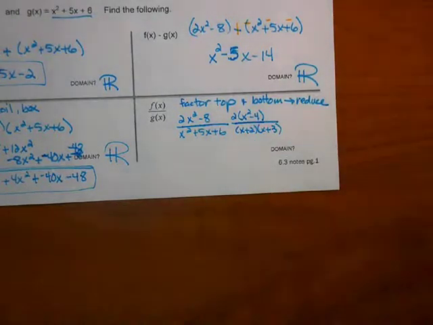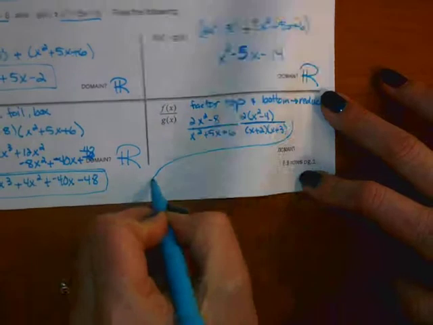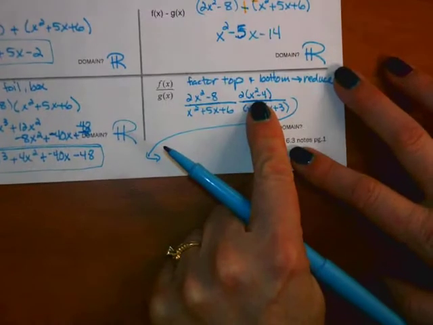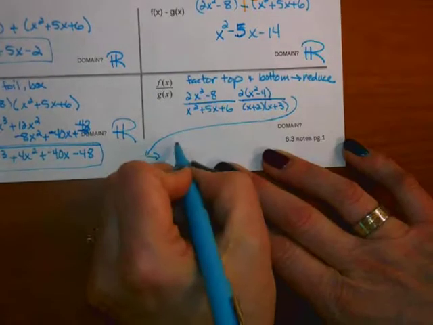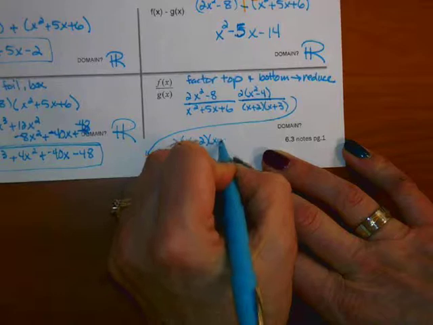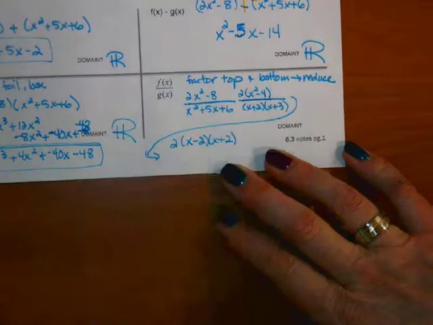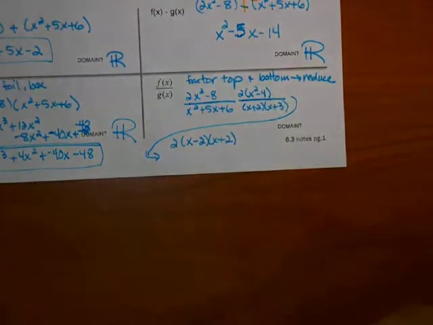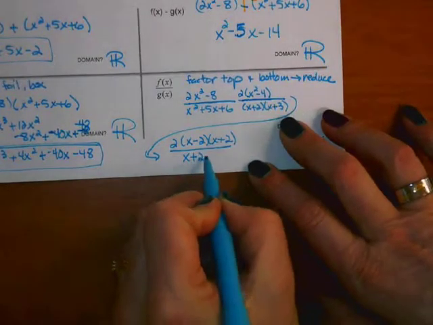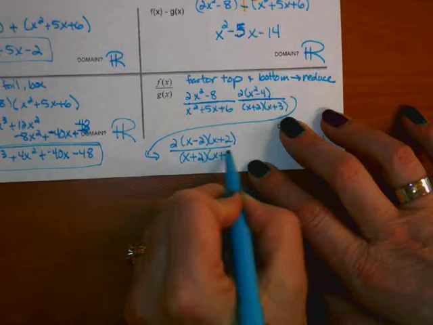Oh, but I'm not done. The top can go further. So I'm going to take it down here, and I'm going to realize, of course, that this is a special pattern. And I can write this as x minus 2, x plus 2, the sum and difference pattern, over x plus 2, x plus 3.